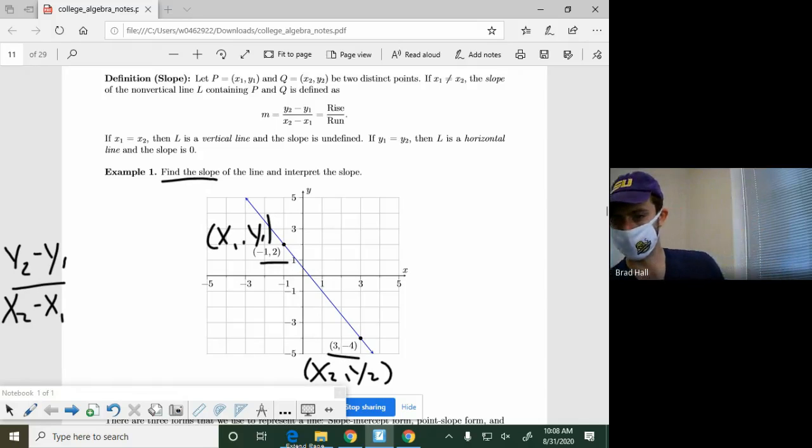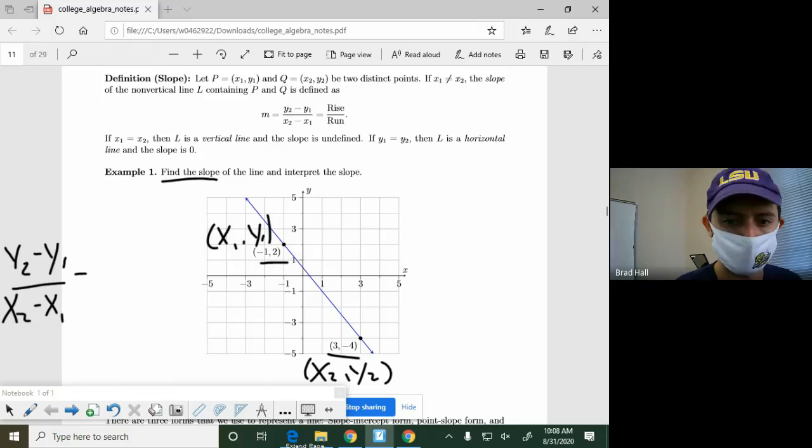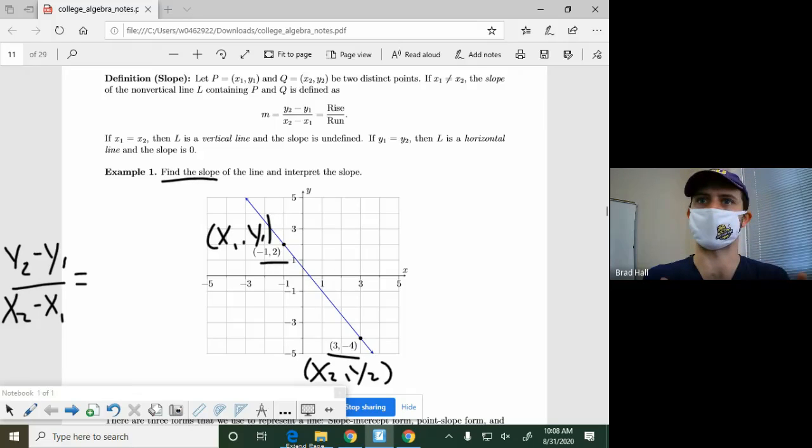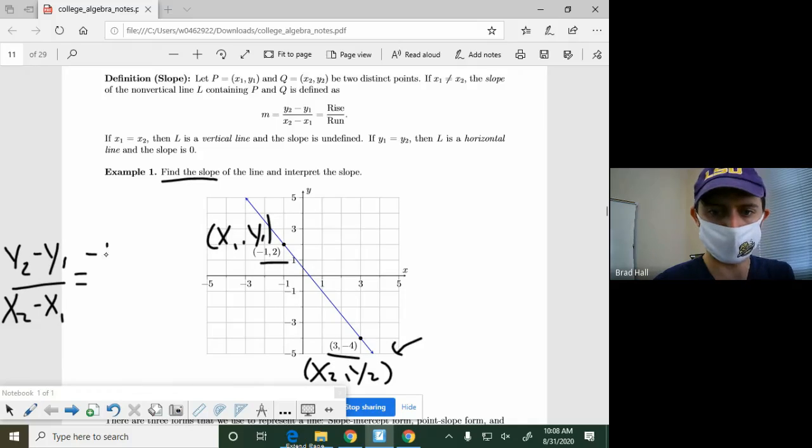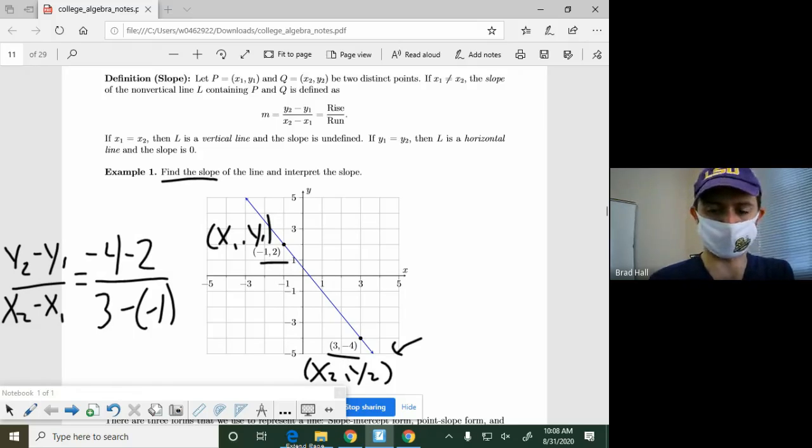So naturally, when I go and plug this into the formula, all I'm doing is swapping out variables with numbers. y2, come all the way down here and see that y2 is -4. y1 seems to be 2. x2 is 3 and minus -1.